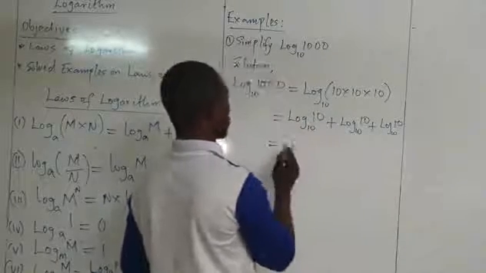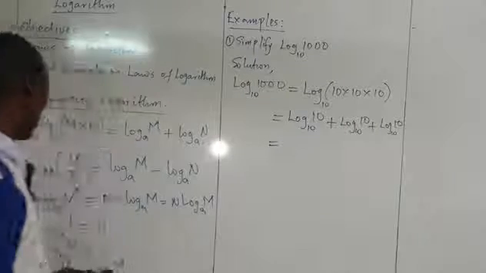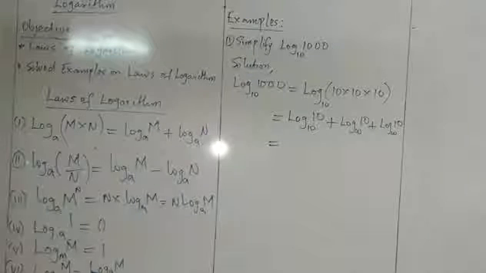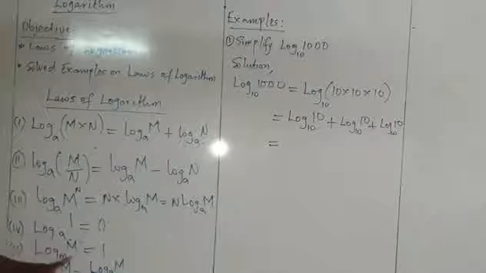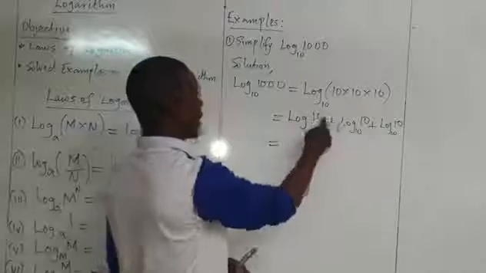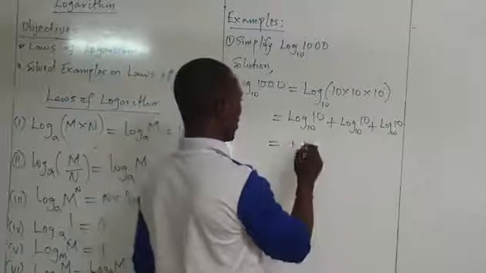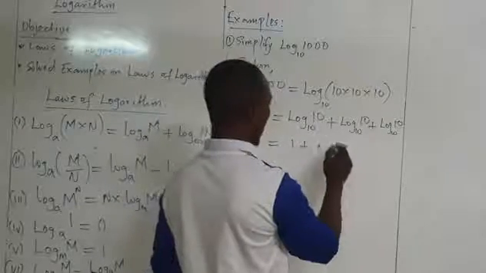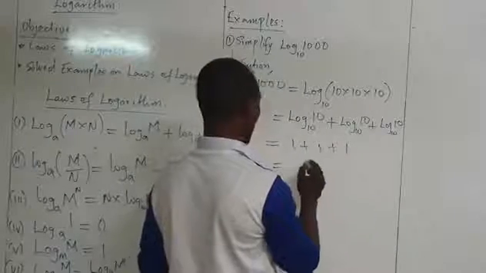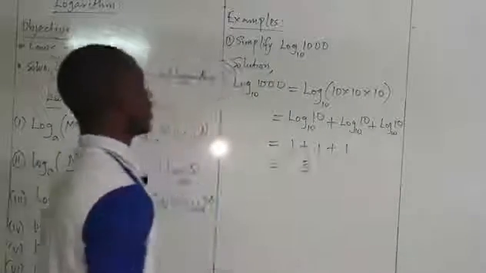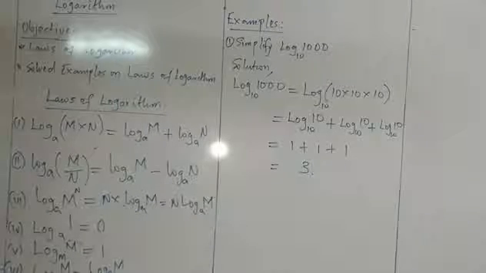So which is equal to, from the law of logarithm, that is law 5. Law 5 says log m base m equals to what? 1. It means when the number and the base are equal, the log will be equal to 1. So log 10 base 10 is 1, plus log 10 base 10, 1, plus log 10 base 10, 1. So which is equal to what? 3. So it means log 1000 base 10 is 3.